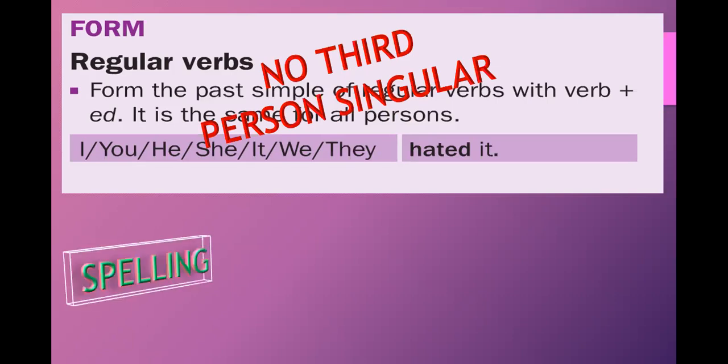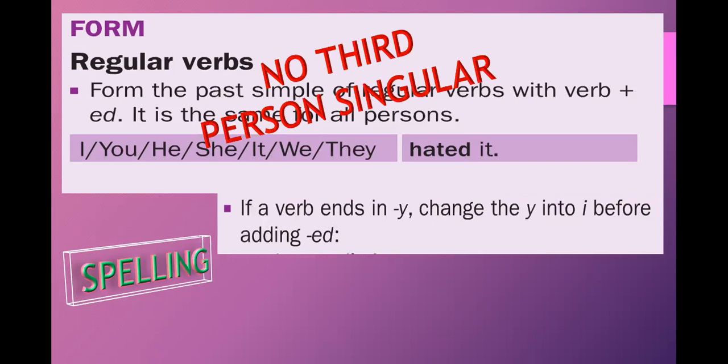In the spelling, when you want to spell these verbs, you got to keep some things in mind. First of all, if a verb ends in Y, you have to change the Y into an I before adding ED, okay?